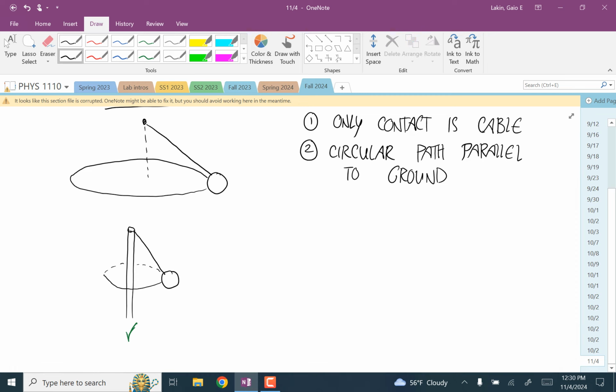But here are two that might seem like they would work at first, but they don't. The first one is, imagine you have a ball on a string and it's moving along the ground in a circular motion, like rolling or sliding along the ground.